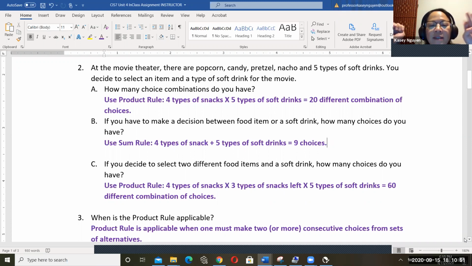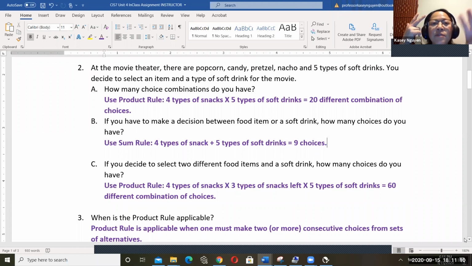After you pick one, so let's say I pick popcorn, then I have candy, pretzel, and nacho left. Then I would buy a second snack item, so that means I have 3 options to choose from in the second round.